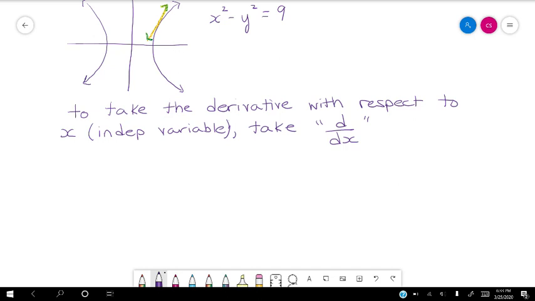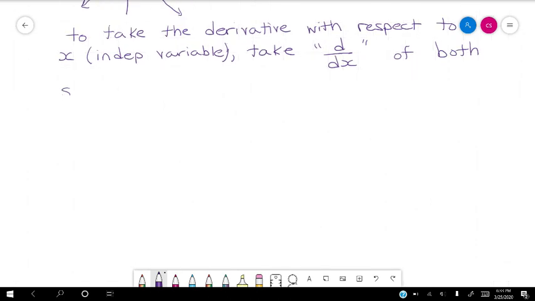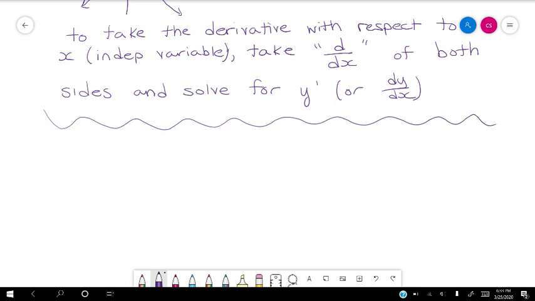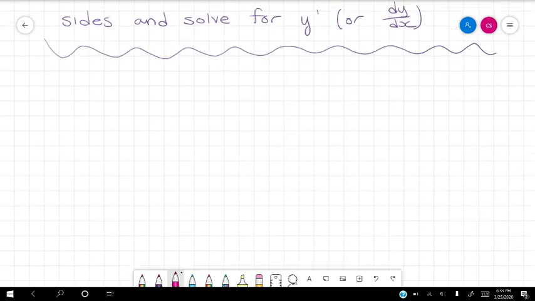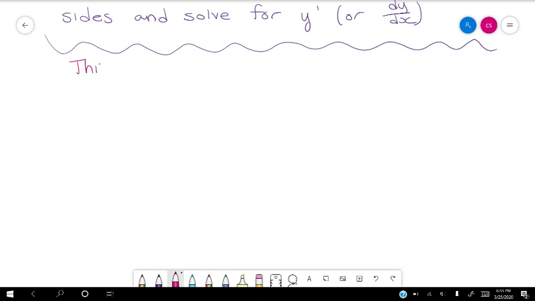That's that notation, d dx of both sides. And we're going to solve for y prime. That would give us the derivative of those implicit equations. All right, and I say y prime, but it could also look like dy dx, because y prime is dy dx. Okay, so we're going to need our chain rule, and I'll show you why. So this involves the chain rule.